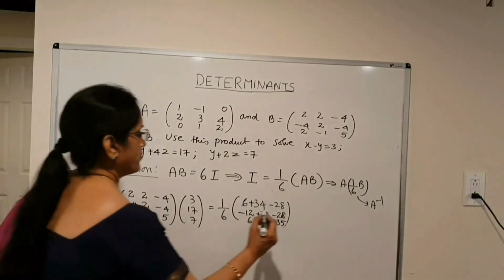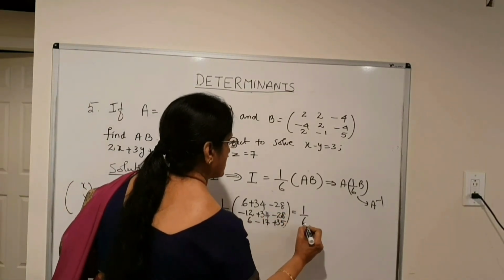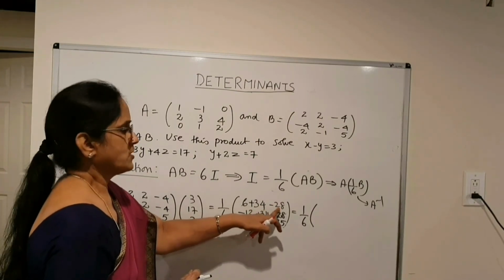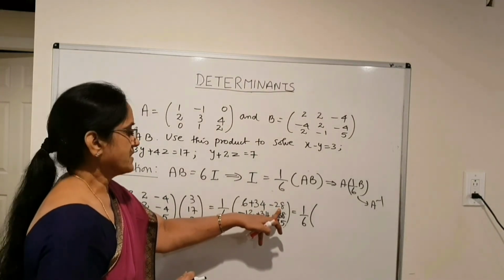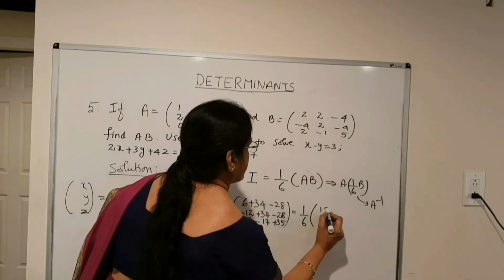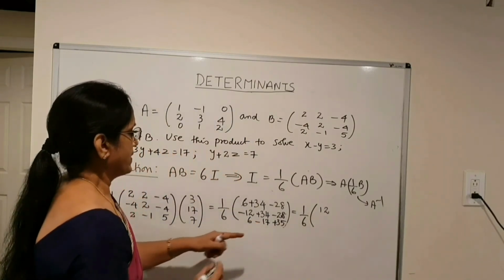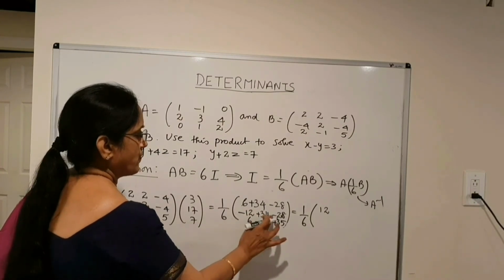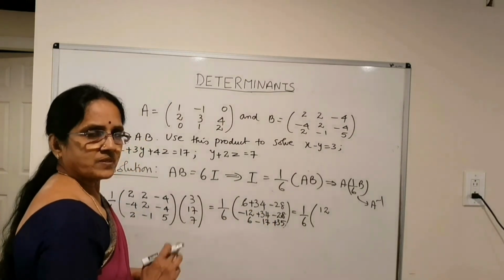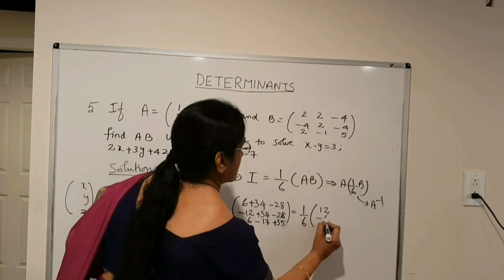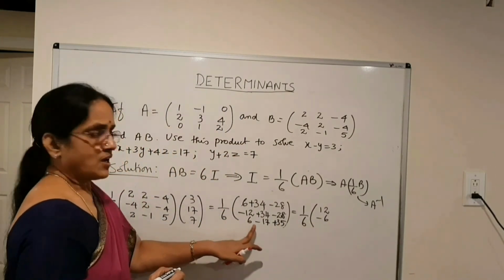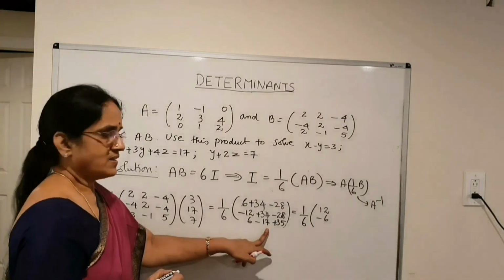Now this will give me 1 by 6 of, see here, 40. 40 minus 28, which is nothing but 12. Then, here I am having 40 minus 40 plus 34, which is minus 6. Then, I am having here 41 minus 17, which is 24.